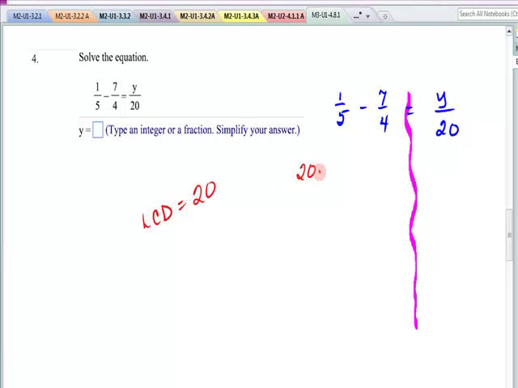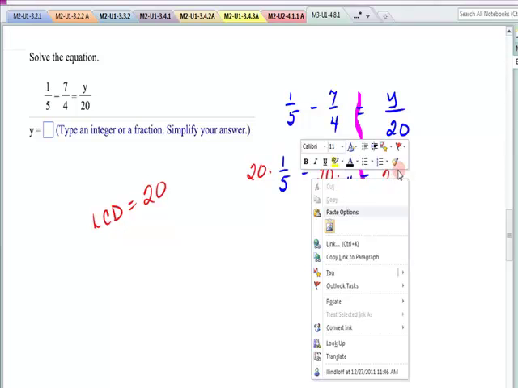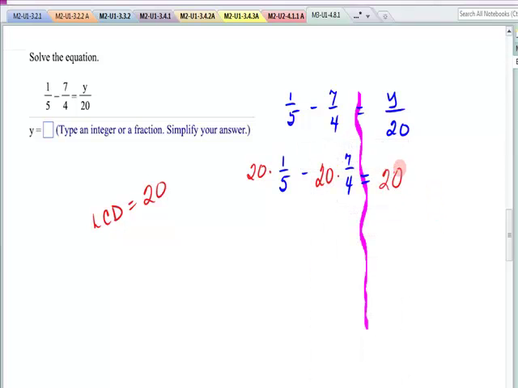So it's 20 times 1/5 minus 20 times 7/4 equals 20 times y over 20.